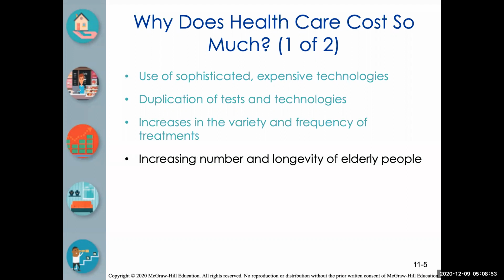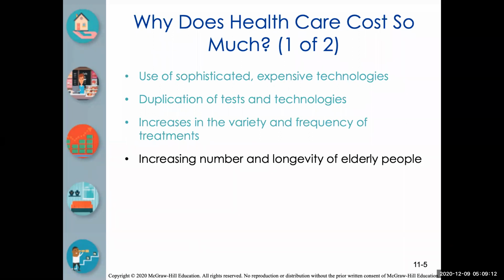And quite frankly, here in the United States, we tend to live longer than other countries around the world. So as we live longer, the cost of our healthcare continues to grow for a longer period of time.